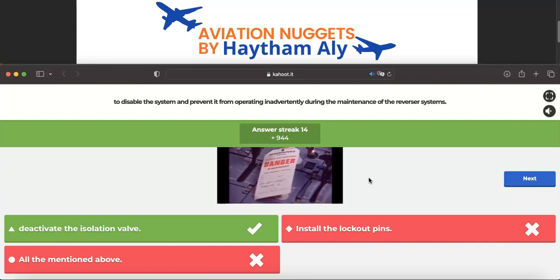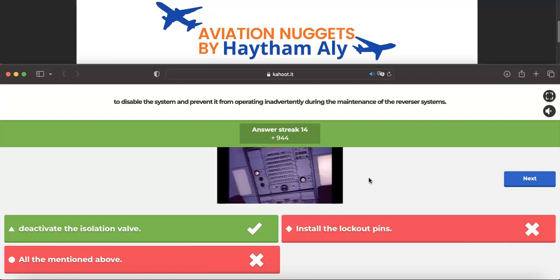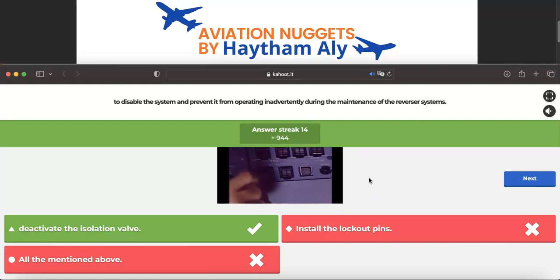Some actions must be done from the cockpit and the others must be done on the hydraulic control unit. Engine FADEC ground power switch is off and install a warning notice. Engine FADEC ground power must be off because we will work in the area of the engine.